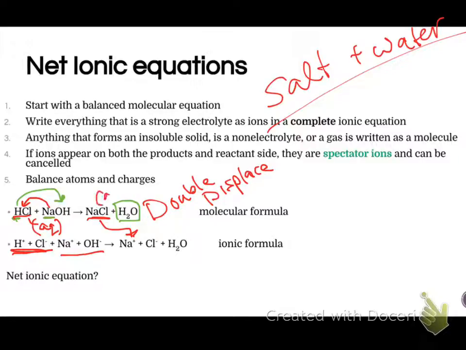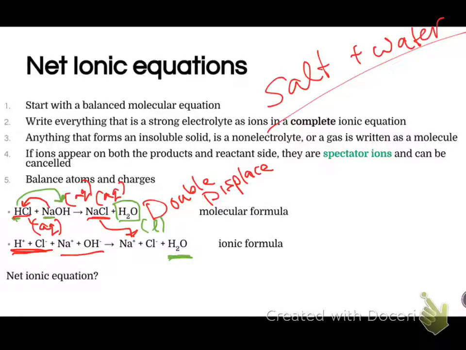Now, that symbol would be AQ after it because it's dissolved in water. H2O would not be written as AQ though, because water dissolved in water just feels weird. So instead we write that as liquid in our reaction. And the sodium hydroxide is also AQ because it's a base. So what this tells us is if a substance is not aqueous, then we would not ionize it. So water stays as water.